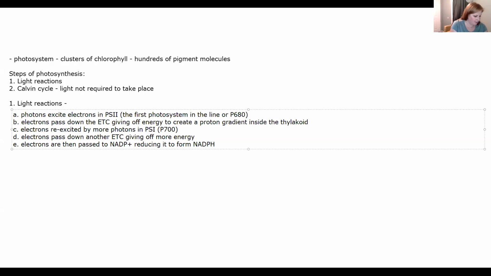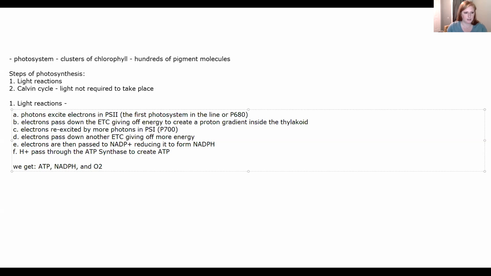Okay. So from this, we're going to get ATP, we get NADPH, and we actually get some oxygen gas as well from this process.